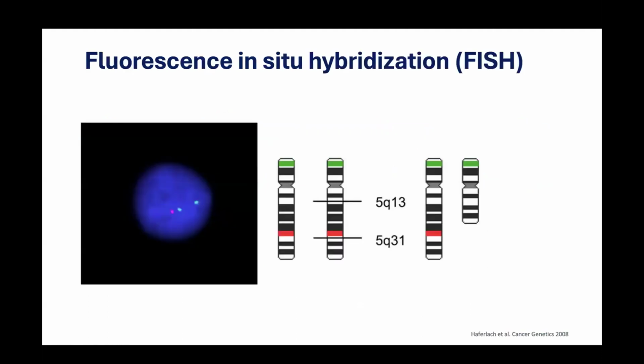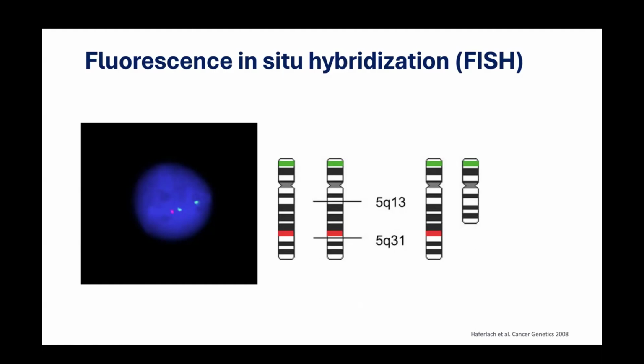So one of the tests that we do to look at this, and you may have heard the word FISH, looks for these abnormalities in a very specific way. So we know that in MDS, there are certain conserved abnormalities that can be very important for our prognosis. And one of them you may have heard of is 5q minus, which means that a part of chromosome 5 is missing.